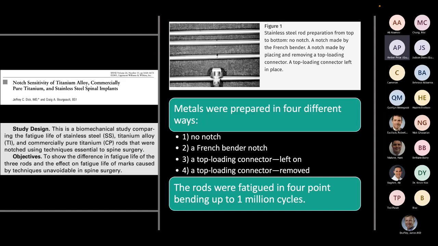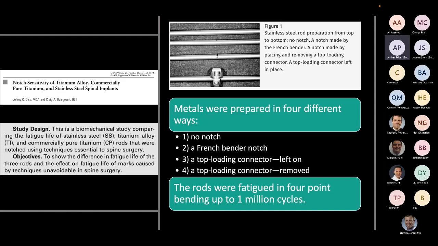So up on the top, you can see the stainless steel rod preparation had no notch formation. That's the rod at the very top. And then the two below that are titanium rods, one made with a French bender and one after a connector was placed. And so they prepared these metals in these 4 different ways as described below.